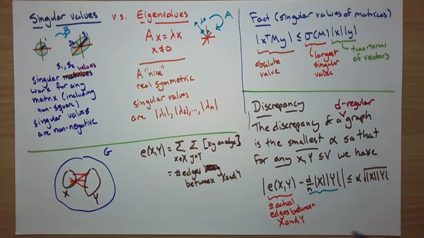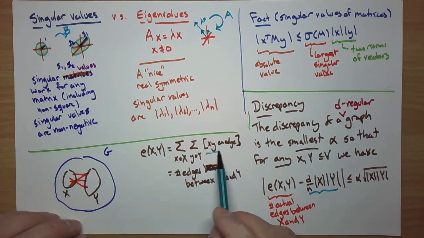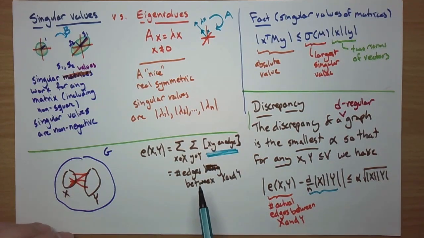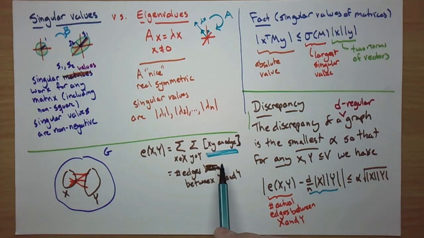Well, think about it from the perspective of a single vertex. What's the probability that a certain pair is an edge? What's the probability that between x and y I have an edge? Maybe that's the better way to say it.